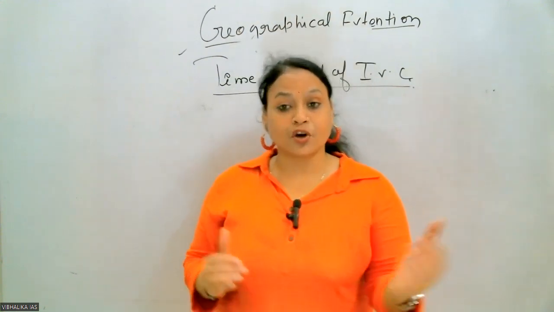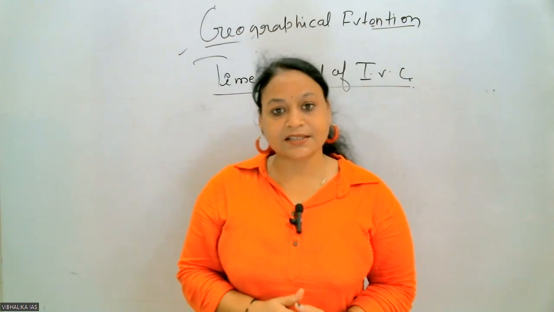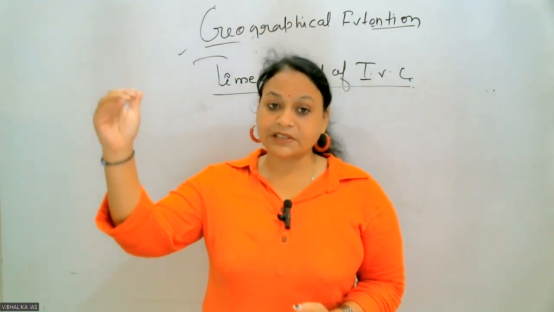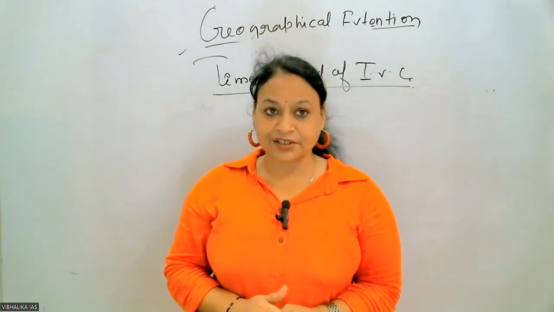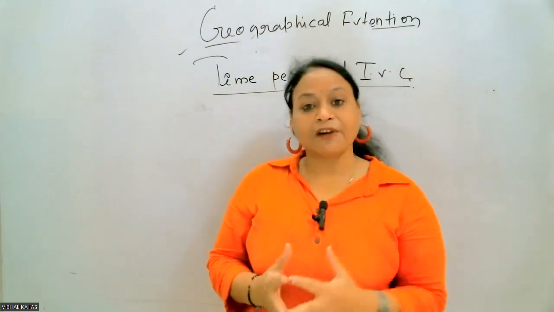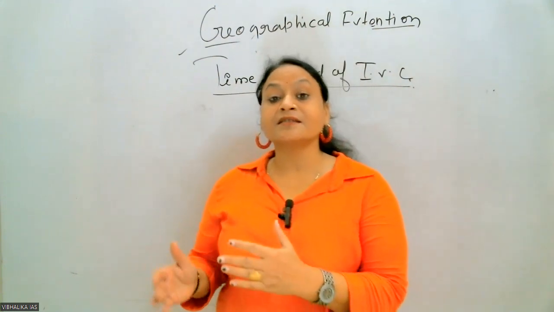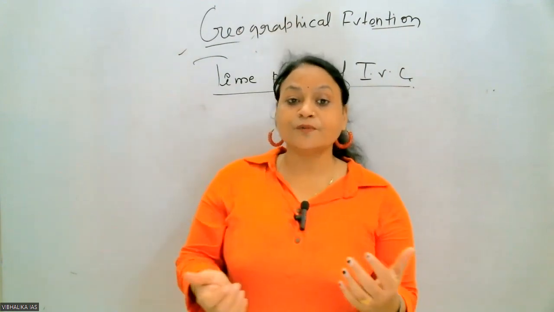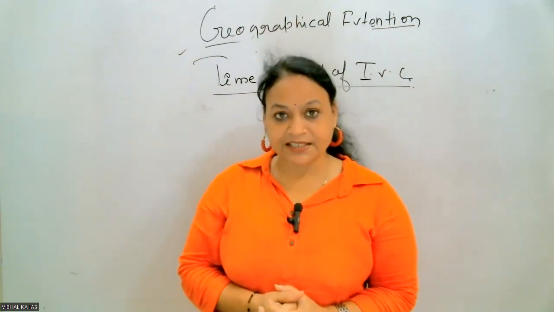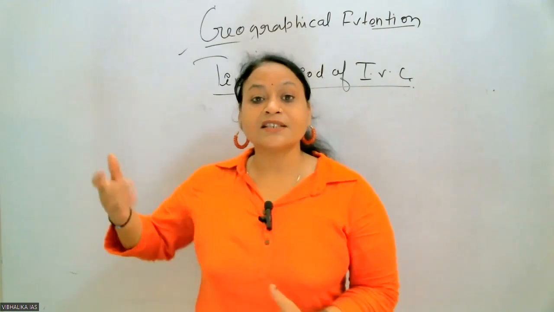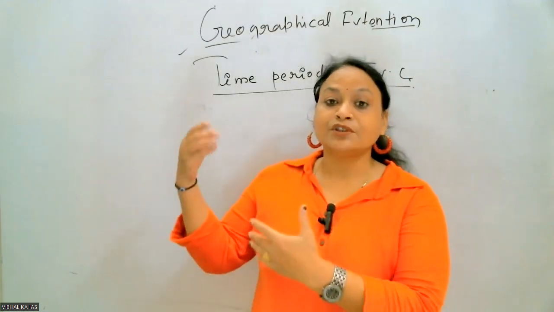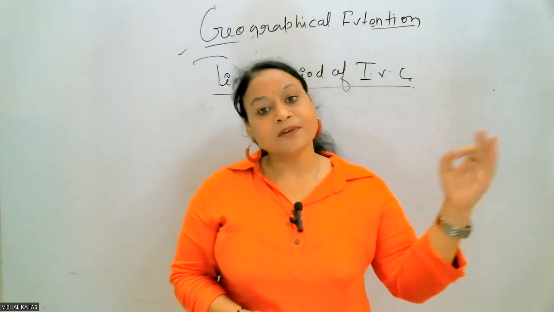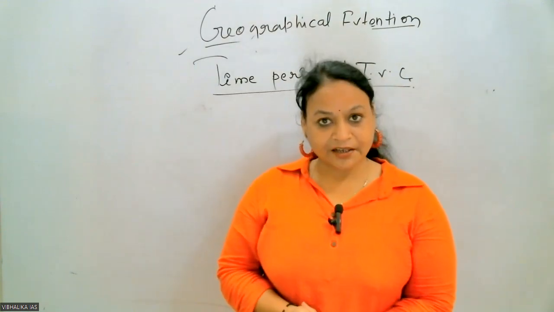For example, John Marshall says this civilization was in existence from 2500 BC to 600 BC. Some say the time period was 3000 BC to 2000 BC. Some say it was in existence from 2300 BC to 1700 BC.